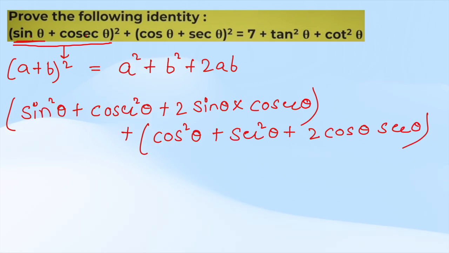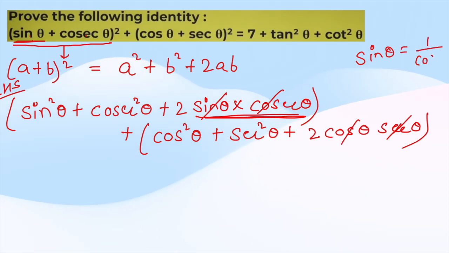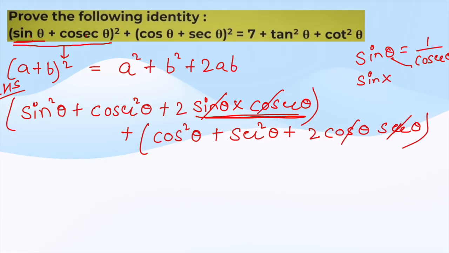I hope the LHS is clear. Right? Okay, this thing, sine into cosec, means both are reciprocal of each other, so they will cancel out, because cosec is 1 by sine, right? Similarly, cos into sec will also make 1. I know now that sine theta equals 1 by cosec theta, so if I multiply sine into cosec, it equals 1.